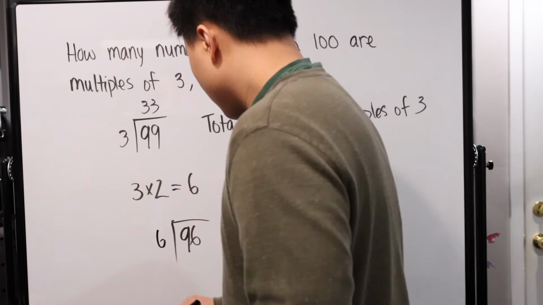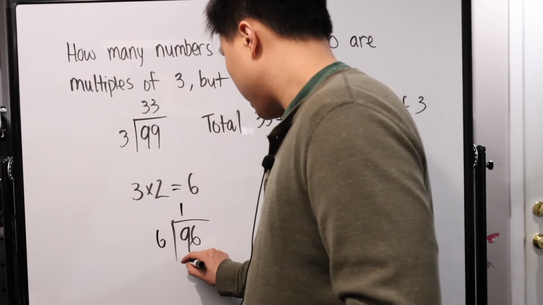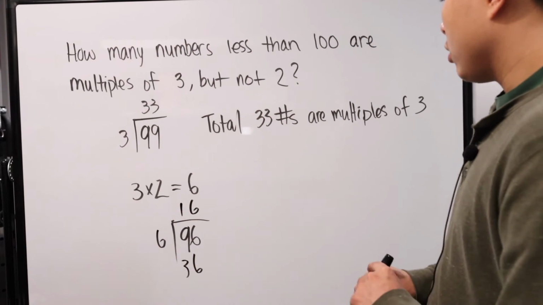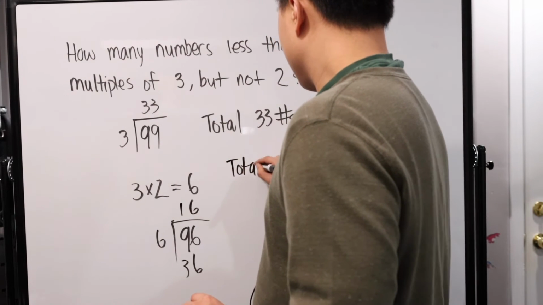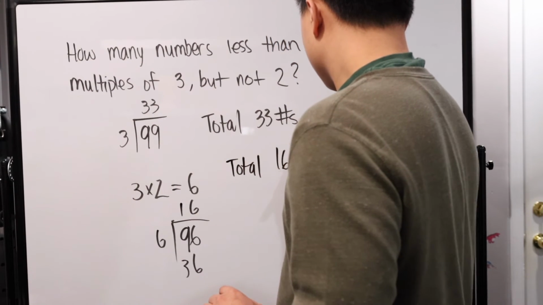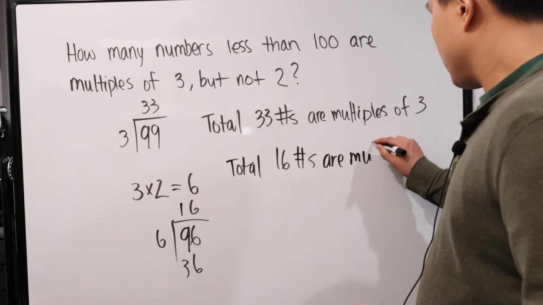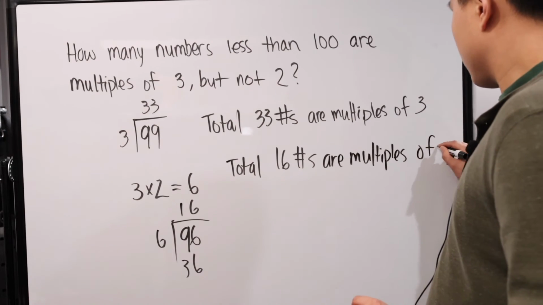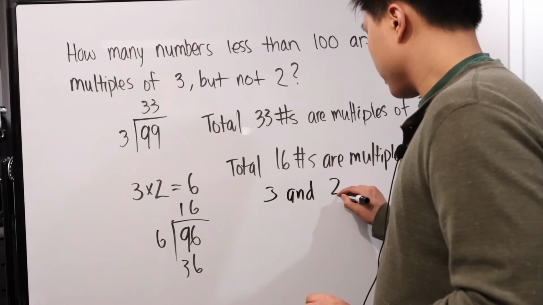But 96, I believe, is the biggest number that's divisible by 6. Well, here you go. Divide by 6. 6 goes in here how many times? 1, and then that's 36. So that's going to be 16. There's a total of 16 numbers that are multiples of 3 and 2.